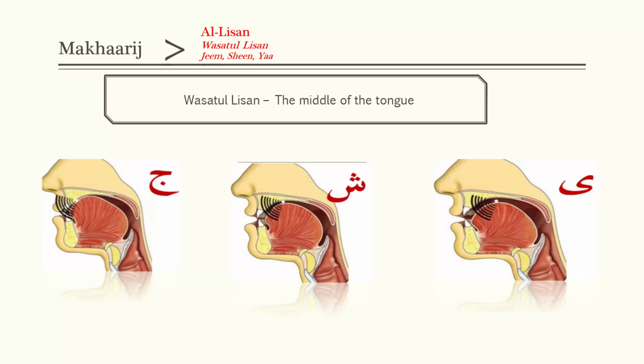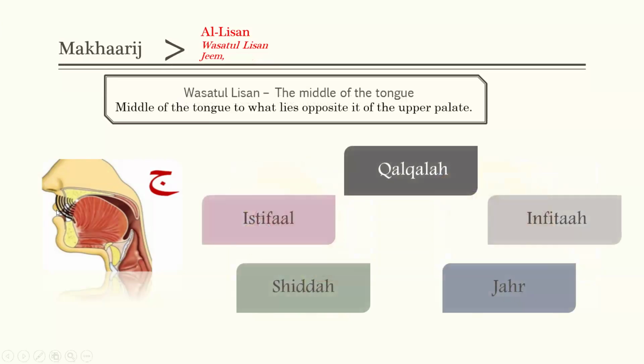So just know it's slightly, not exactly middle, slightly towards the front, and even where it's hitting is slightly in the front as well. With the jim, make sure it's a hard hit, because that's where we get the ya and the sheen mixed in.